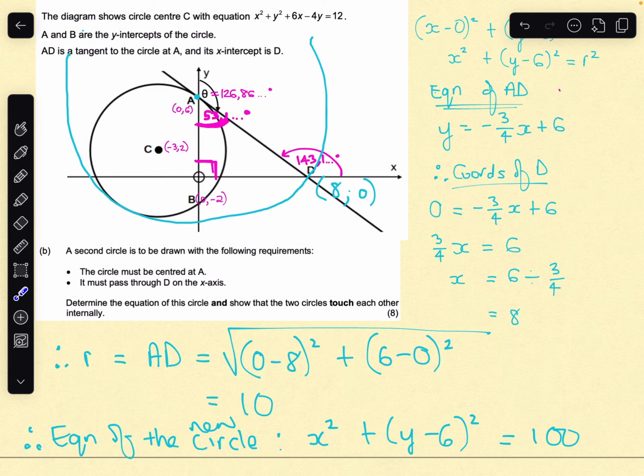Okay, so how I instinctively think of doing that is solving simultaneously this and this, ensuring that there's just one point of intersection.